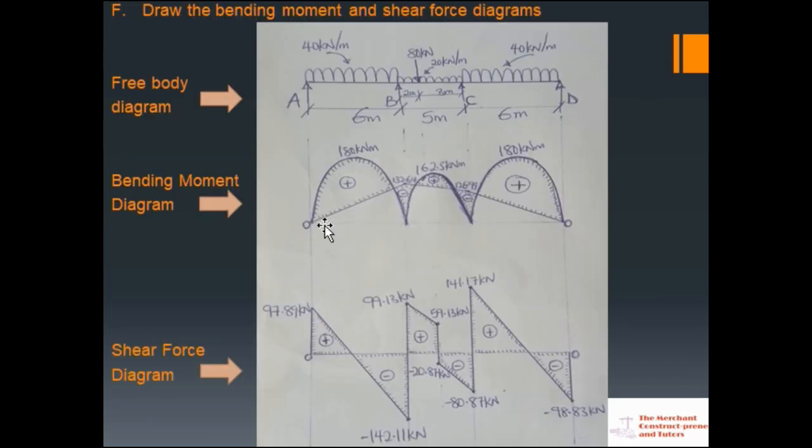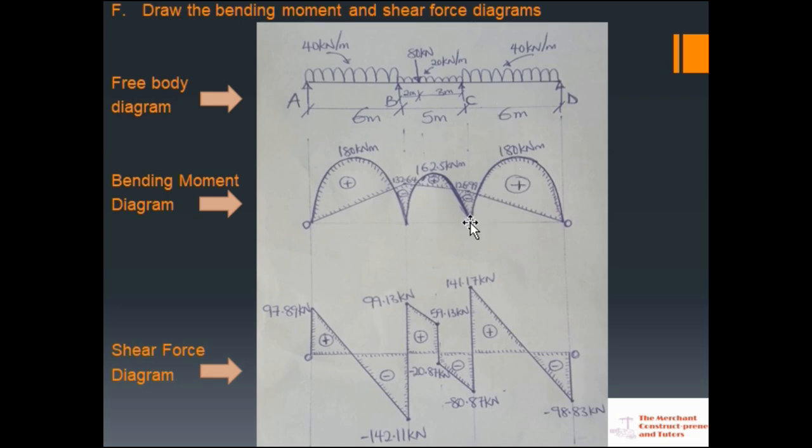So for the span AB, this is 180 kilonewton meter. For the span BC, 162.5 kilonewton meter. As you see, it is coming as a curve, but when we got the effect of this point load and this moment load, it makes it have this parabolic shape from the point where the point load is acting.